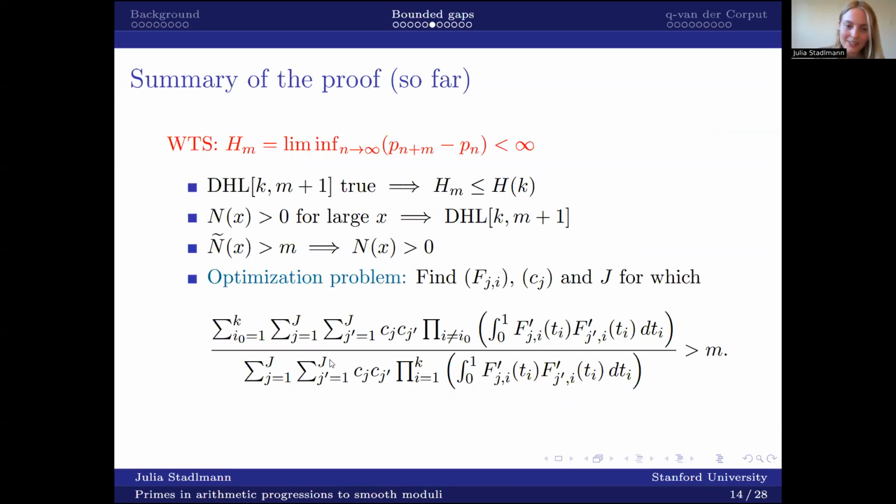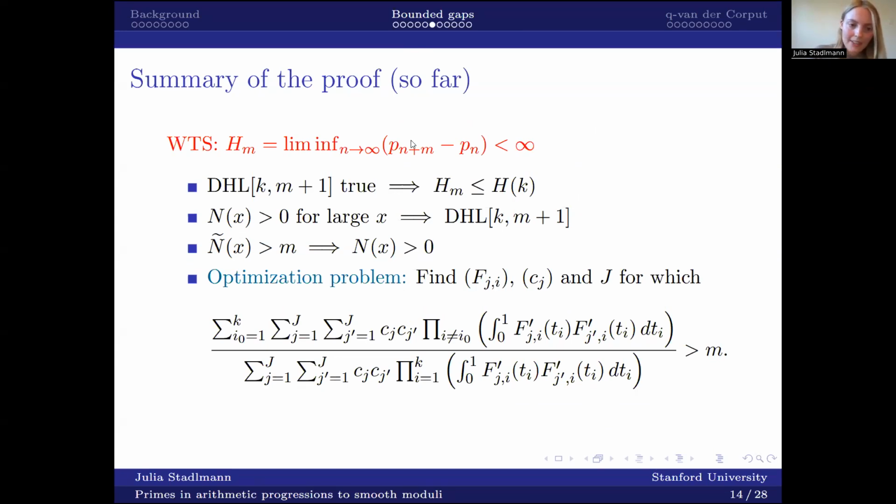So as a very brief overview, if the weak Dickson-Hardy-Littlewood conjecture for k and m plus 1 is true, then that means that the lim-inf of gaps between m plus 1 primes is bounded by the length of the shortest admissible k-tuple.